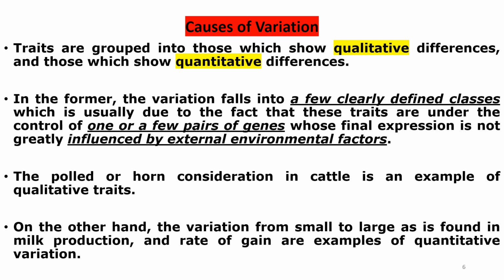For example, the Holstein Friesian is not expected to produce the same amount of milk when you compare it with the Jersey or the white Fulani cattle that is found in most parts of Africa. Likewise, their rates of gain are different. These traits are examples of quantitative variation or quantitative traits.